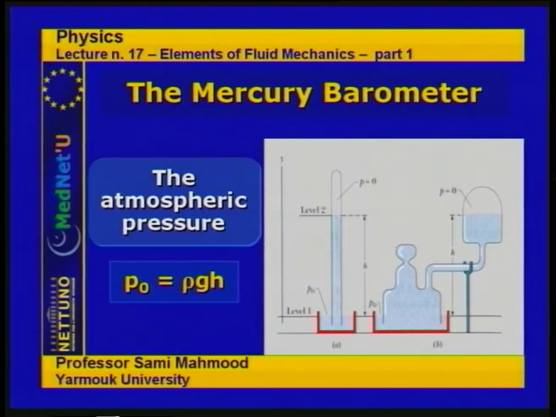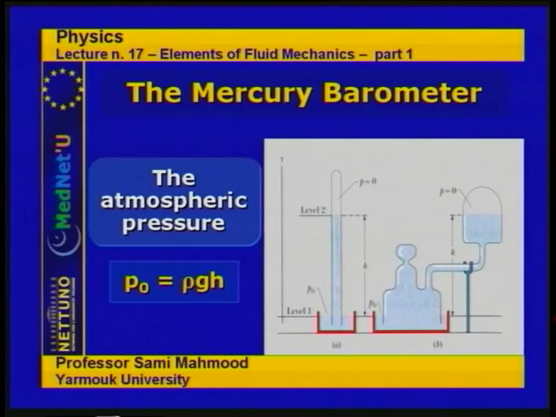Then the level of the mercury in the tube will stop at that point. Suppose that equilibrium situation is reached when the height of the mercury is h above the level of the mercury in the dish.